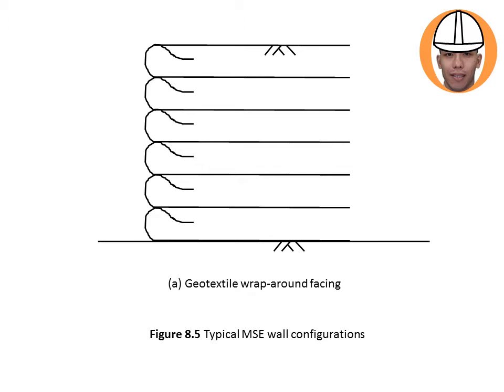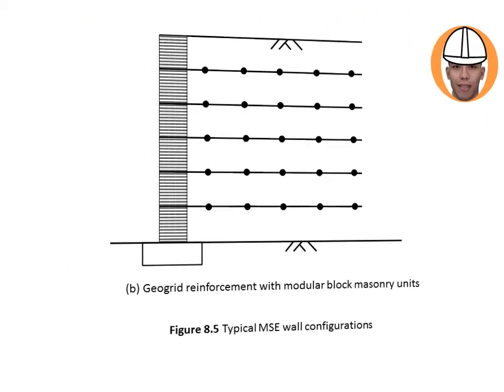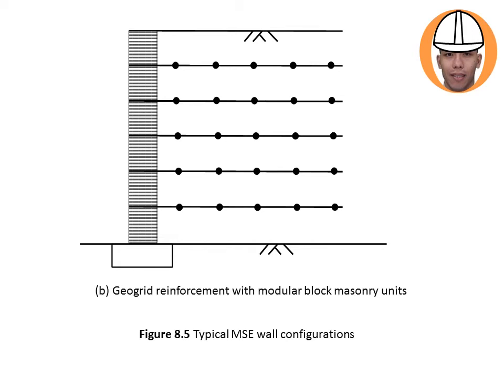So we're looking at the profile of an MSE reinforced by geotextile. This one is the profile of the MSE using the modular block. Okay, as observed in the previous slide.